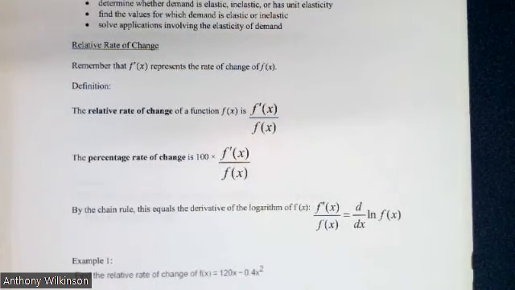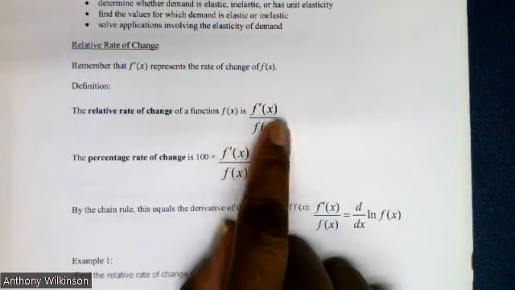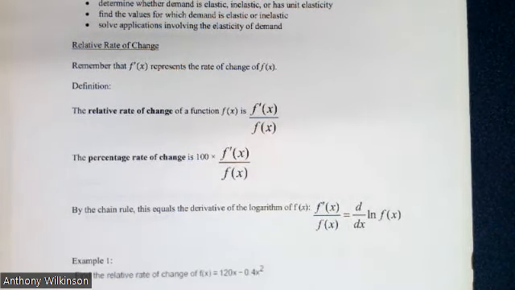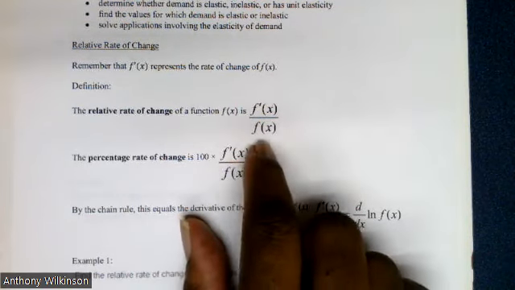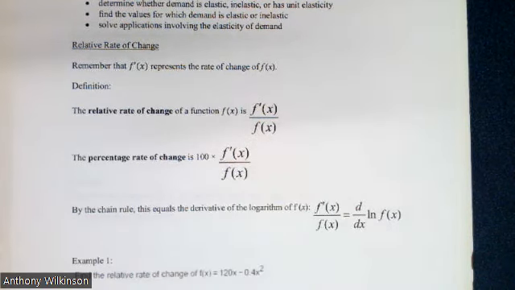The relative rate of change of a function f of x will be this: f prime of x divided by f of x. Okay, so you have to take the derivative of that function, and then that will be divided by whatever f of x is.